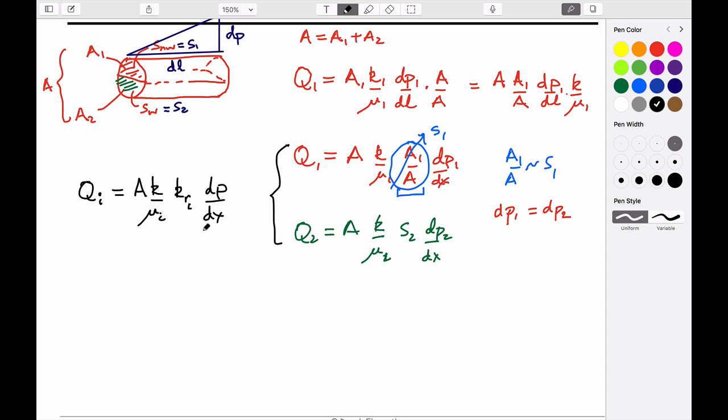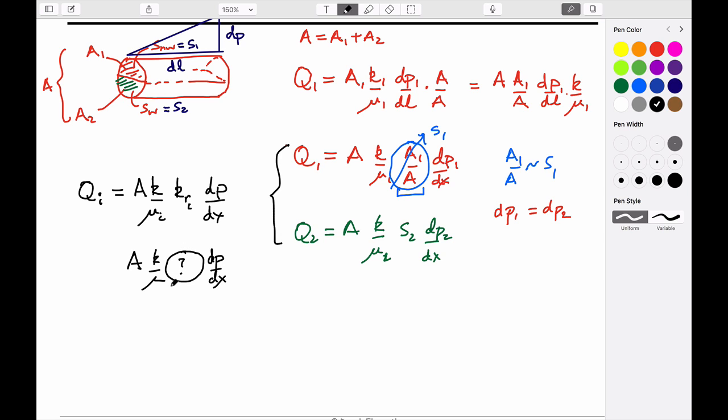And the reason we like to do that is because this is basically Darcy's law. This is the same as A K over mu dP dx, but with some extra term in it, which is a scaling parameter.